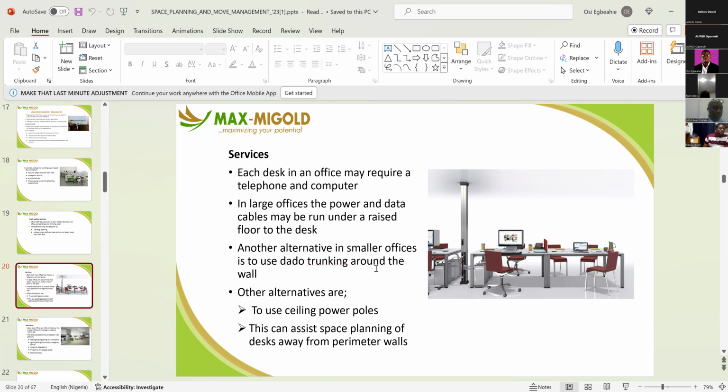Other alternatives are to use ceiling power poles, where you have power poles mounted, and those power poles carry all the connections that are required for the desks. This can assist space planning of desks away from the perimeter walls.